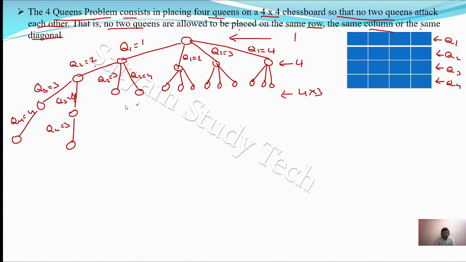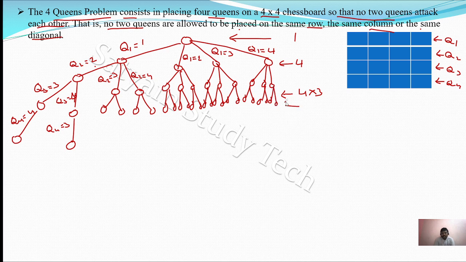At the next level there are 2 nodes under each, so 4 into 3 into 2, that is 24 nodes in this level.